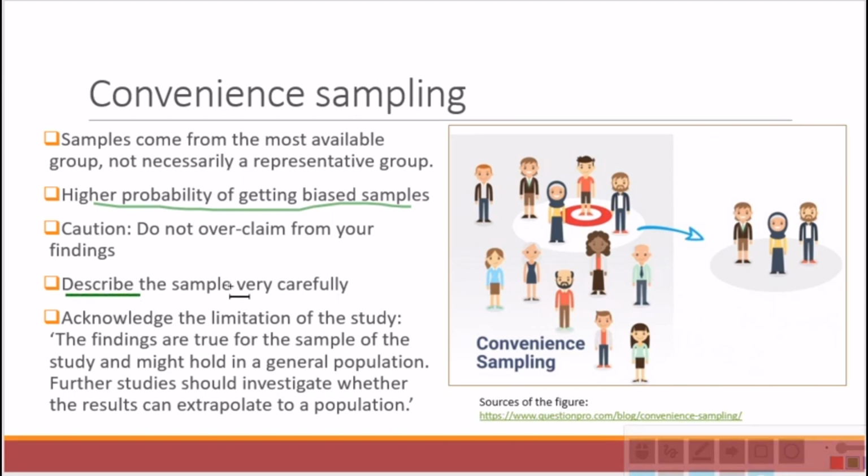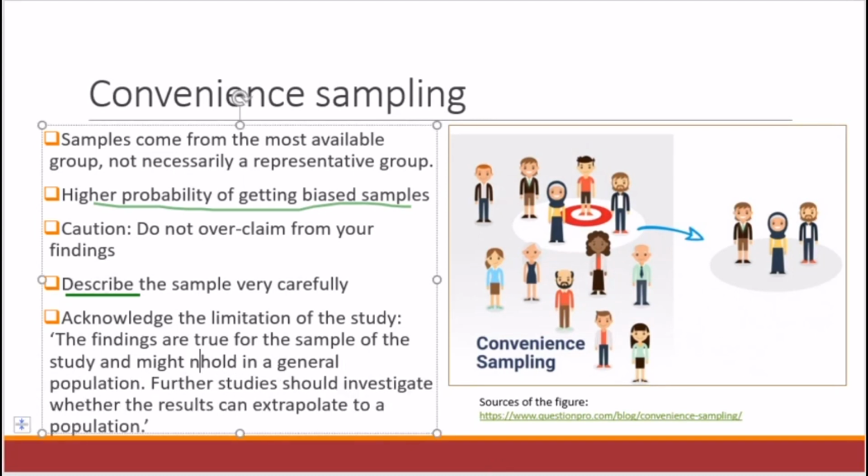Also, under the limitation of the study, do make sure to acknowledge the limitation in the form of a sentence like this. The findings are true for the sample of the study and might hold in a general population. Actually, there's a little bit of typo here. I should have written might not hold. Okay, that's just a correction. Might not hold in a general population.